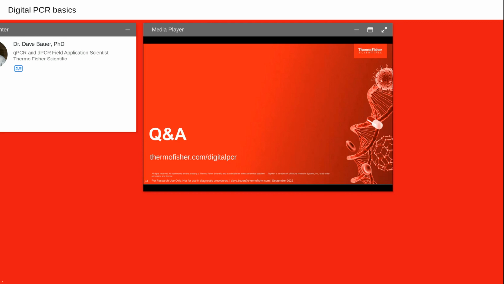And if that subreaction isn't usable for one reason or another, and it doesn't make it to the final end of the data analysis, that volume from that subreaction is considered dead volume. Or any other volume that never makes it into any subreaction at all, dead volume.